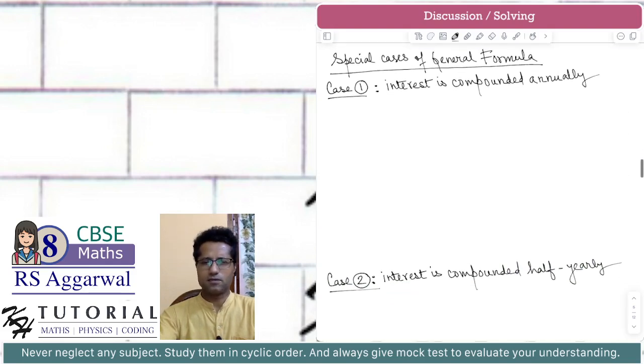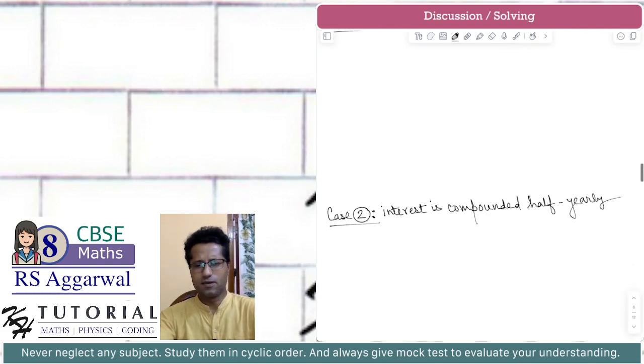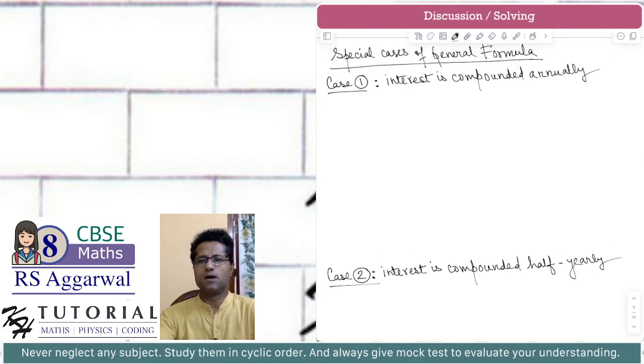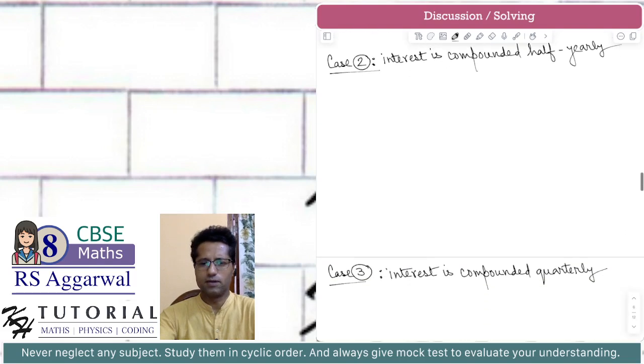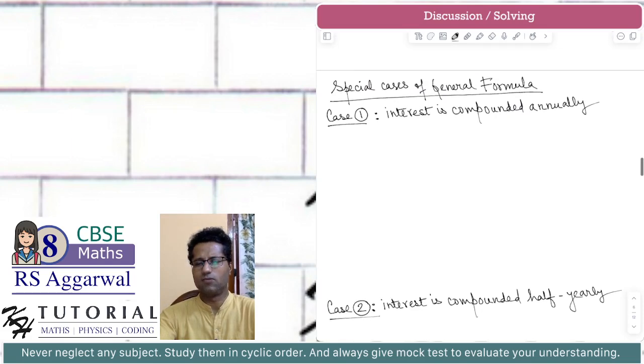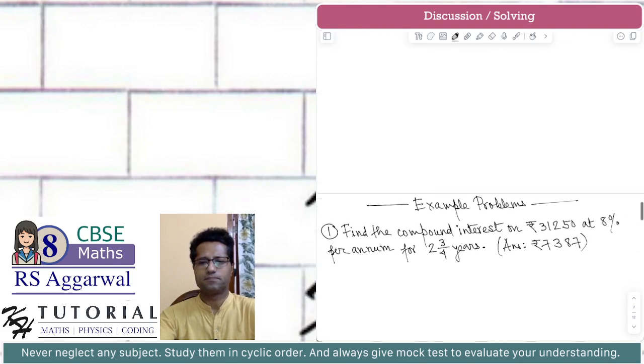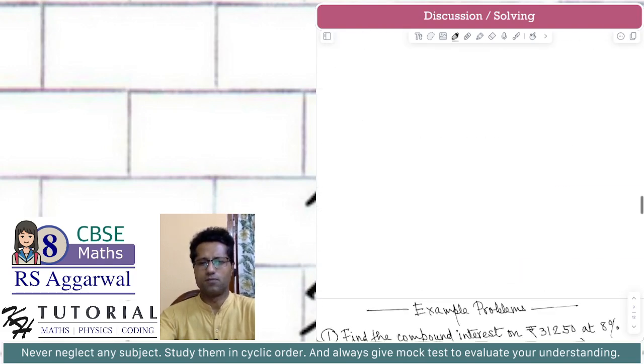So let's try to see how the general formula can be converted to very specific formulas, based on the value of u, that is how the interest is being calculated. I have three special cases: interest compounded annually, interest compounded half yearly, and interest compounded quarterly. And finally we will solve some problems.